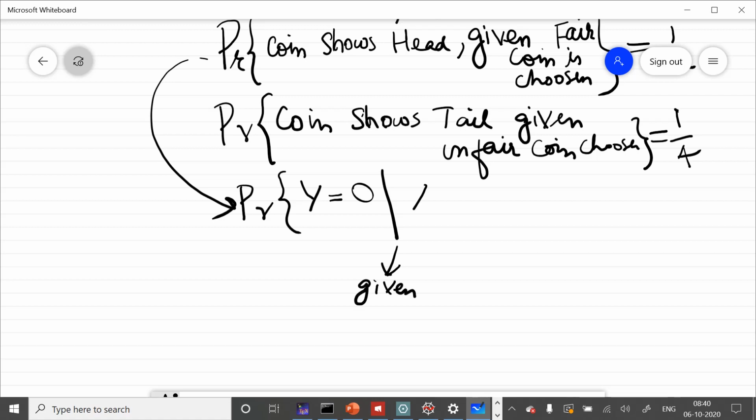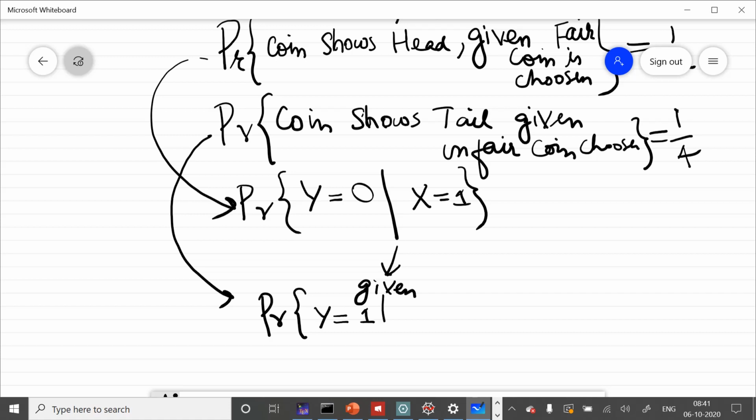Fair coin is chosen means X is equal to 1. Similarly, what is the probability that the coin shows tail, that is Y is equal to 1, given the unfair coin is chosen, X is equal to 2. So these are called conditional probabilities.